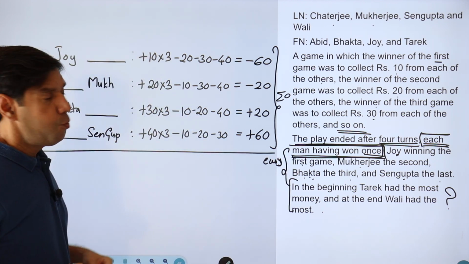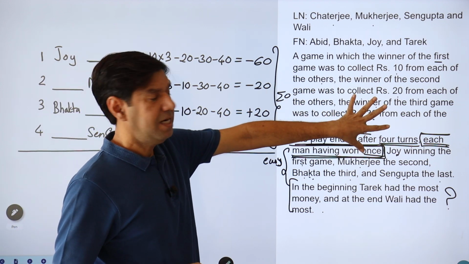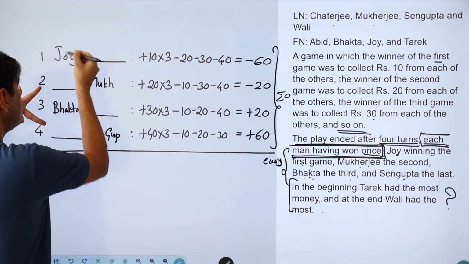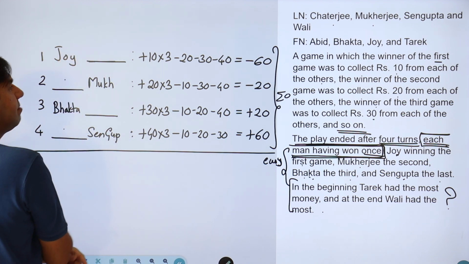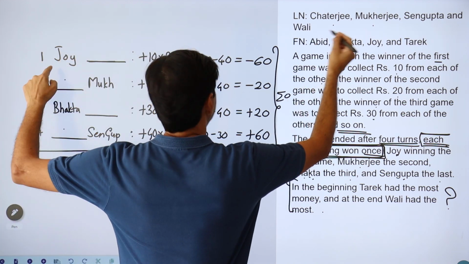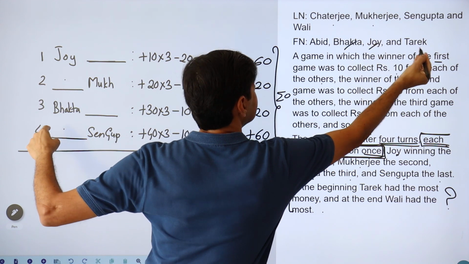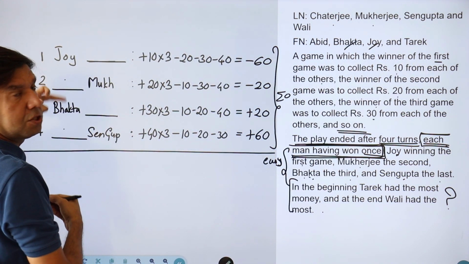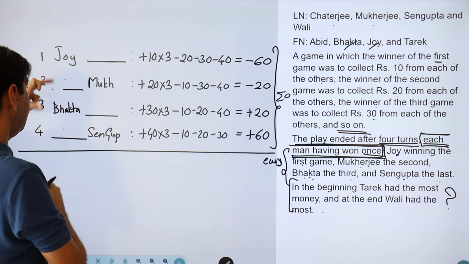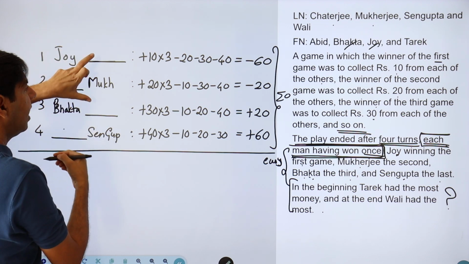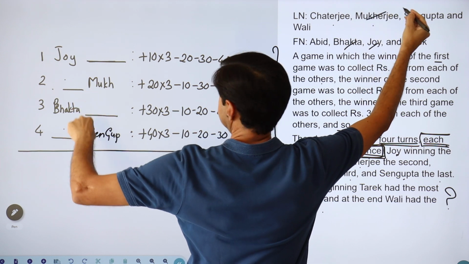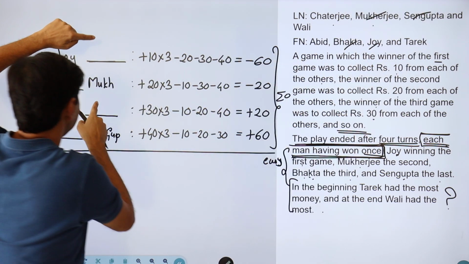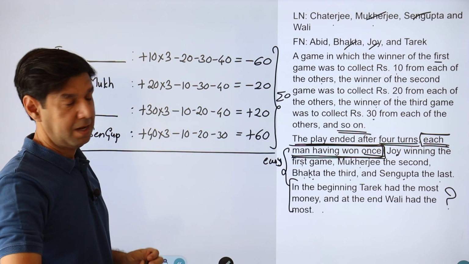What initially appeared a little tough is not so tough, because now you know that the first names Joy is taken care of, and Bhakta is Abid or Tarek. So Mukherjee and Sengupta will be Abid and Tarek, and the other 2 surnames left are Chatterjee and Wali. Mukherjee is done, Sengupta is done. So Chatterjee and Wali will come here.